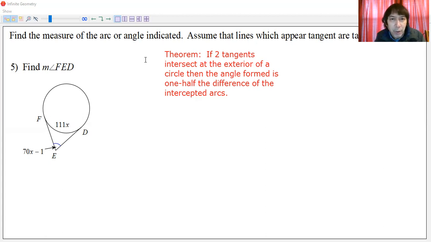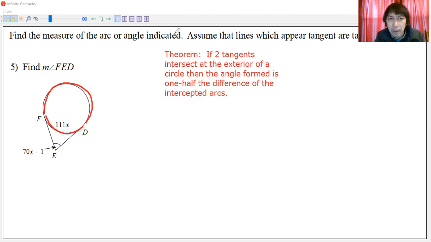All right. And so we can still follow the same principle using this number 5 diagram. All right. So we have the bigger arc minus the smaller arc divided by 2. One half the difference. That will be the angle formed. Okay.